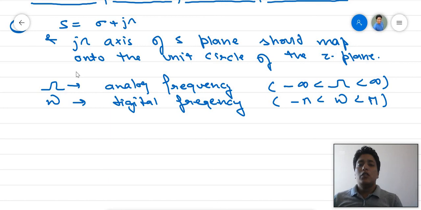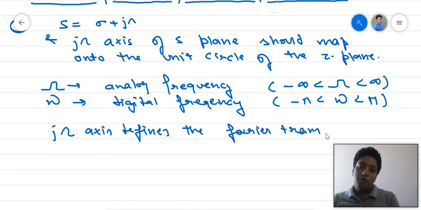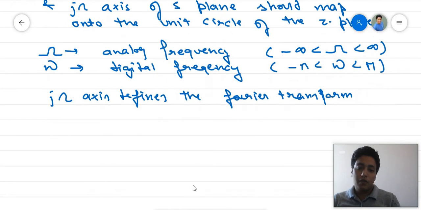So the j omega axis defines the Fourier transform existence in the analog domain.